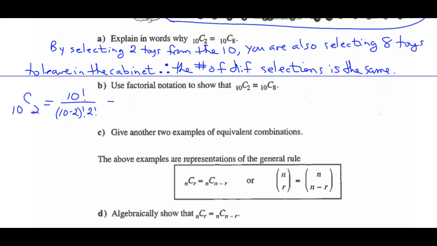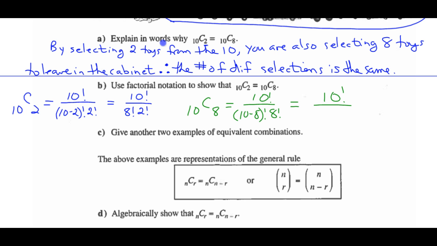So if I simplify this, I get 10 factorial over 10 minus 2 is 8 factorial, 2 factorial. Well, let's do the same thing and have a look at 10 combinations of 8. That would be n factorial over n minus r factorial, r factorial. So we get 10 factorial over 10 minus 8 is 2 factorial, 8 factorial. And we can see those are identical. It doesn't matter what order they're in. They're going to be the same. If you go to your calculators, they're both going to give you 45.